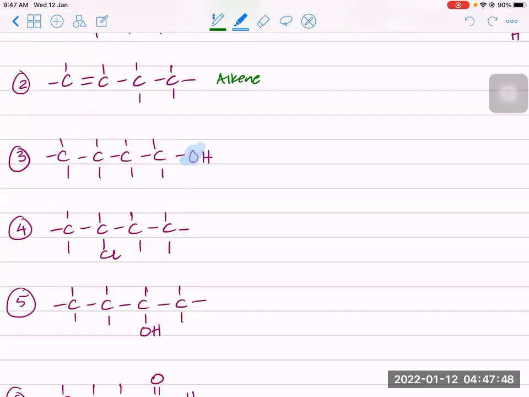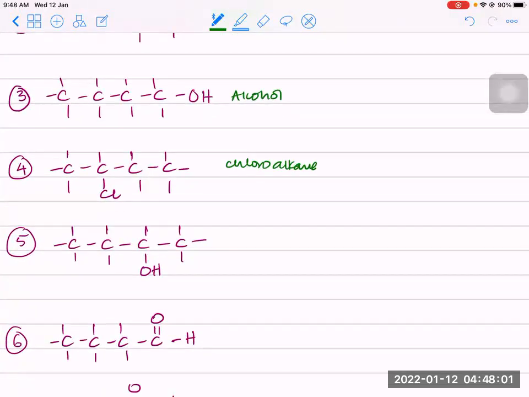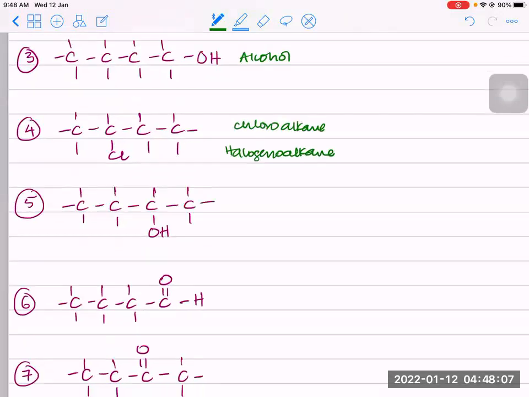So because of the OH, this is what? An alcohol. This has a halogen. So we can call this a chloroalkane, or you can call this a halogenoalkane.